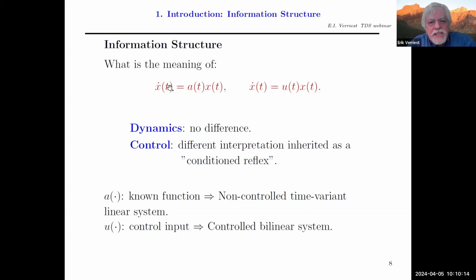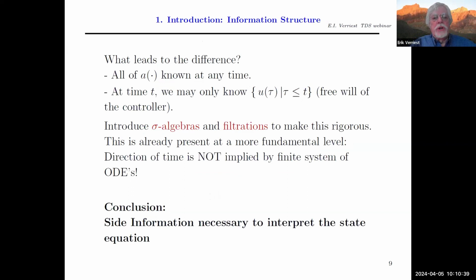But what is really the major difference between the two? When we look at this and interpret that as a time variant linear system, it is assumed that for each time t, we know the entire history, that is the past and the future, of a. So the entire function is known. While if we do control, we may have a record of the past controls that we used, but we can never know what we are going to use in the future.